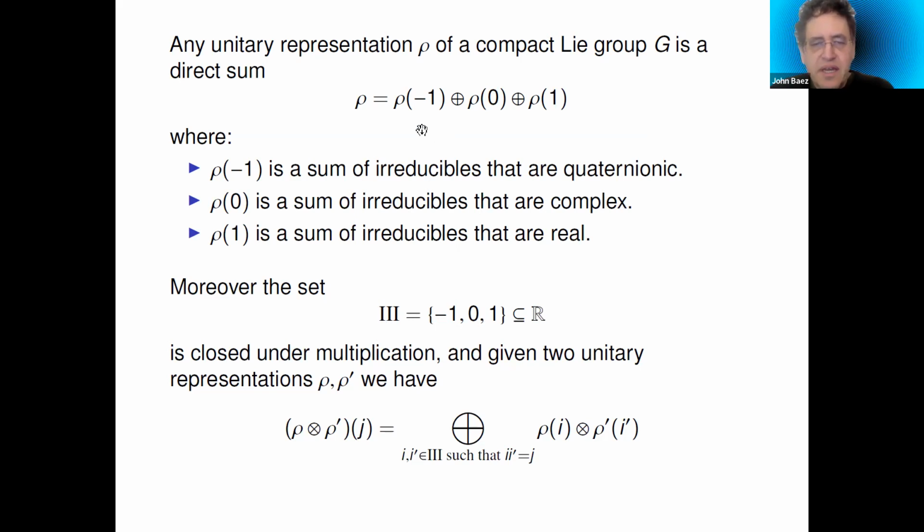So these representations of compact Lie groups are 3-graded, and that 3-grading is getting along with the tensor product of representations in the following sense, that you would expect when you were talking about tensor products of graded vector spaces, but this is a monoid, a graded vector space.